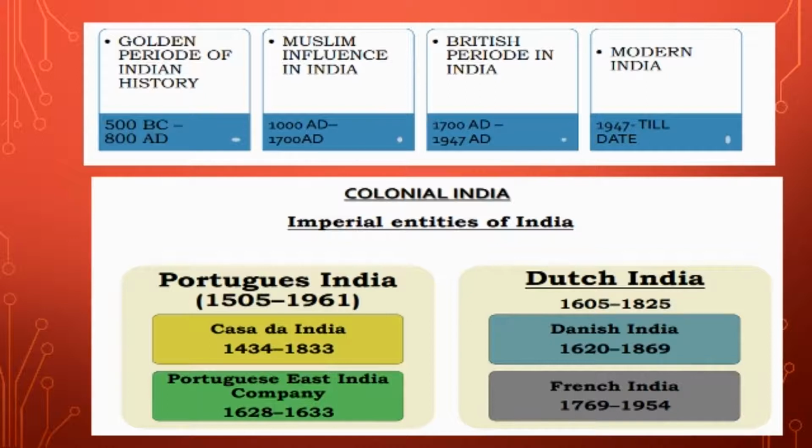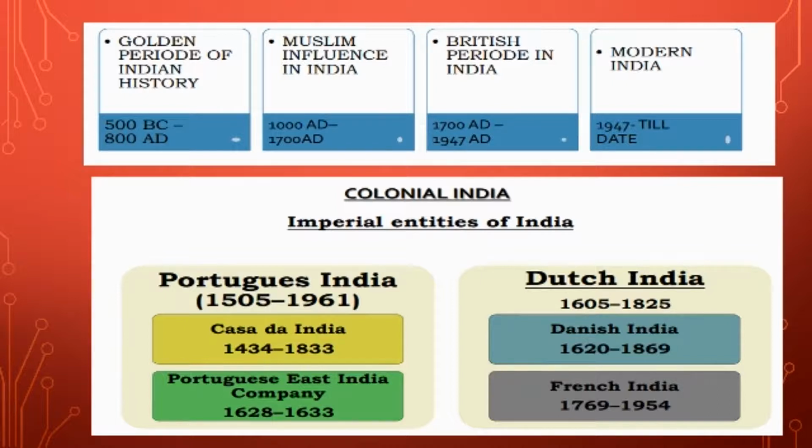Colonial India. What are the imperial entities of India? There are several. One is Portuguese India, which started from 1505 to 1961.